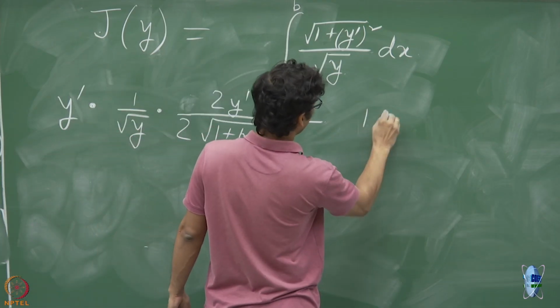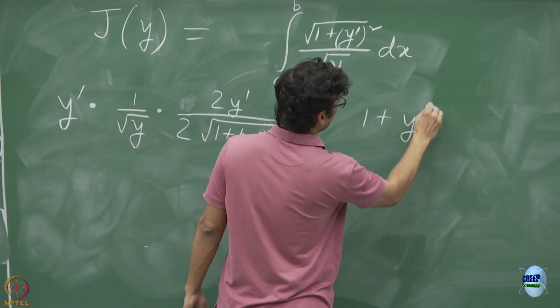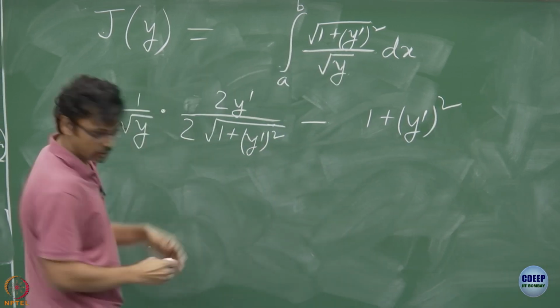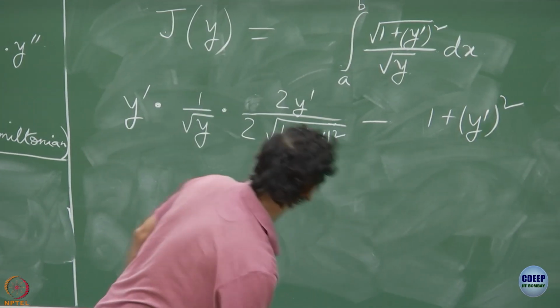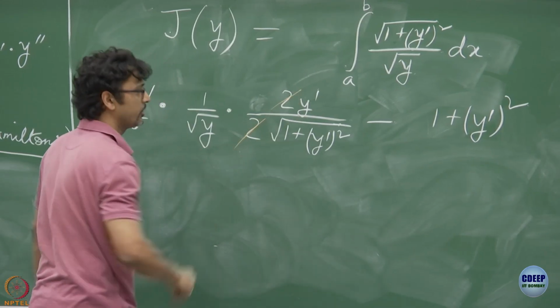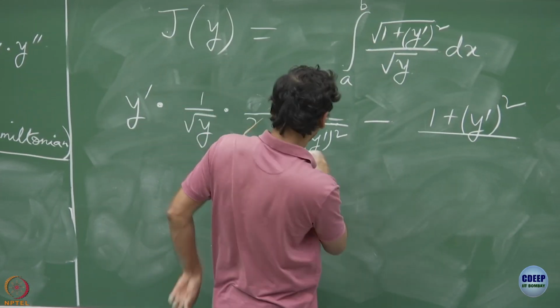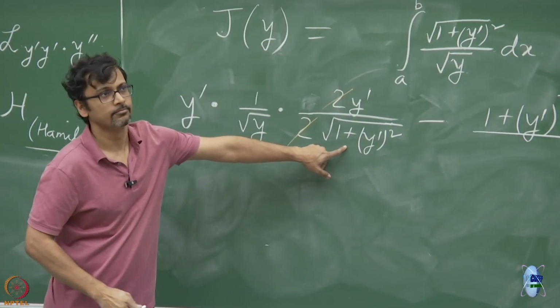So I'll just write this as 1 plus y prime whole squared. Of course, we can chop off these 2's, these pesky fellows aren't really adding anything, divided by, so I just want to have a common denominator here.